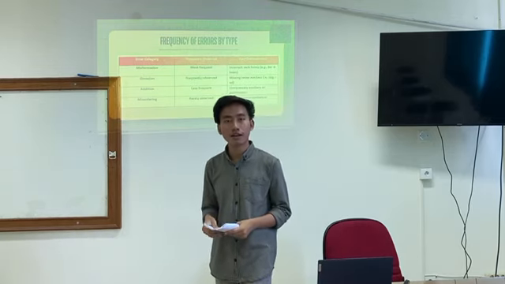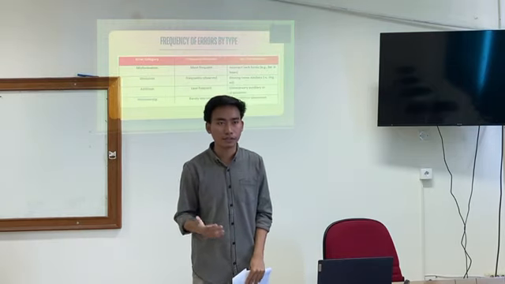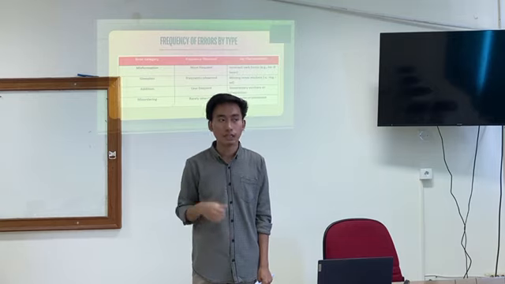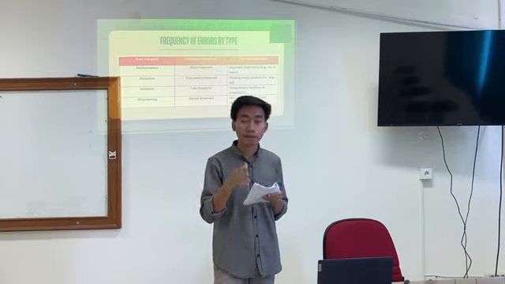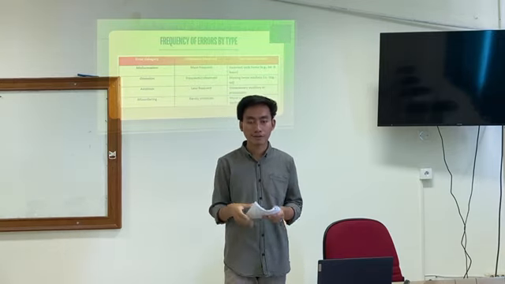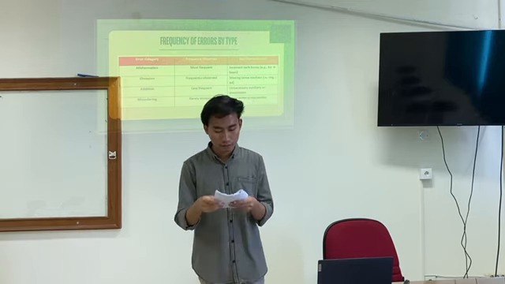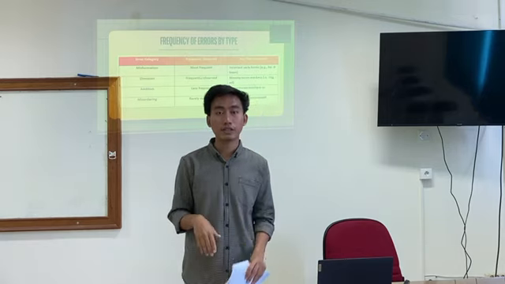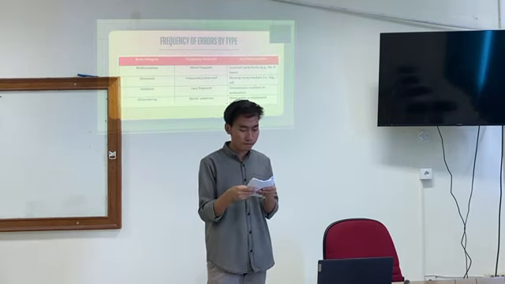Omission errors come next, where the students left out important grammar markers such as ed, s, and auxiliary verbs. Meanwhile, addition and misordering were relatively rare, but still occurred in some cases. For example, inserting helping verbs and replacing the verb phrases.